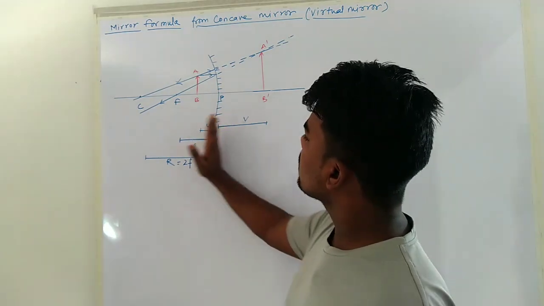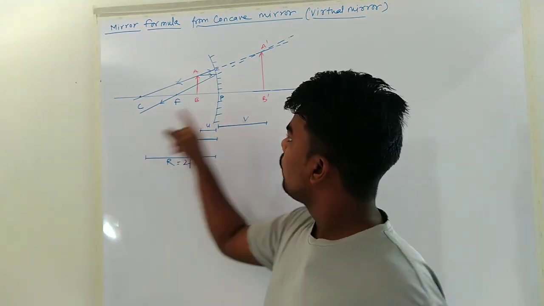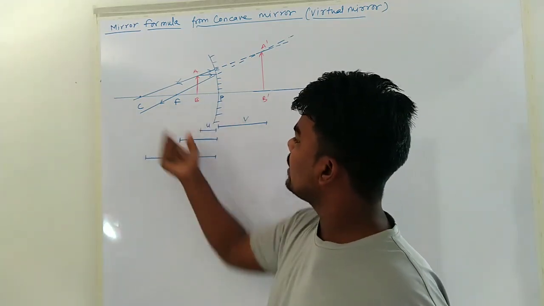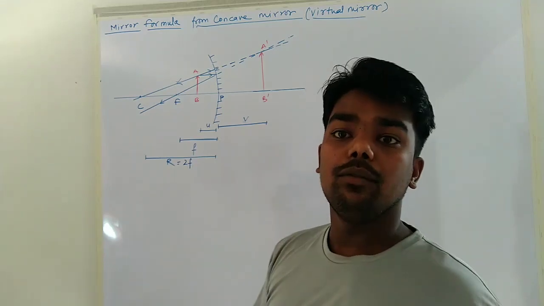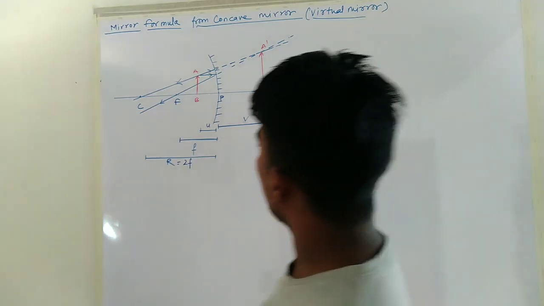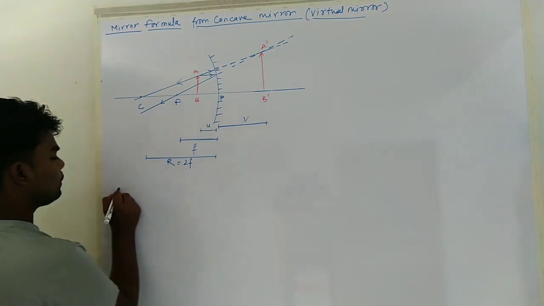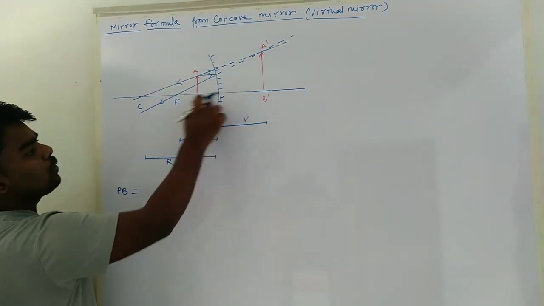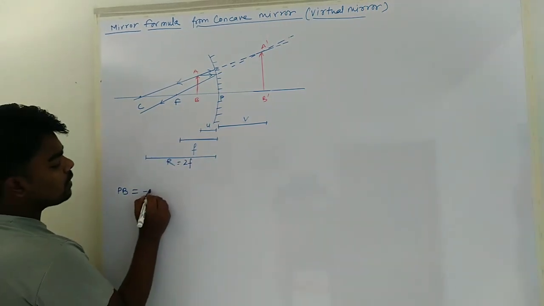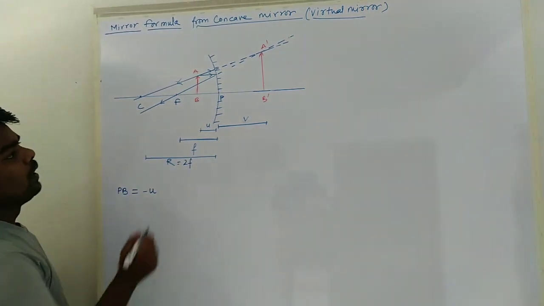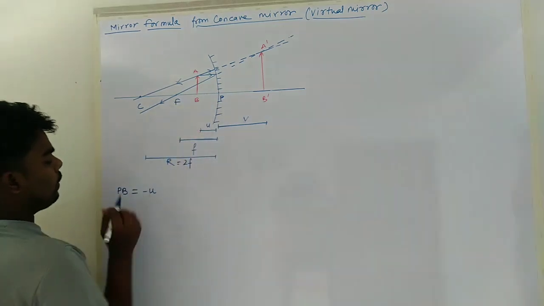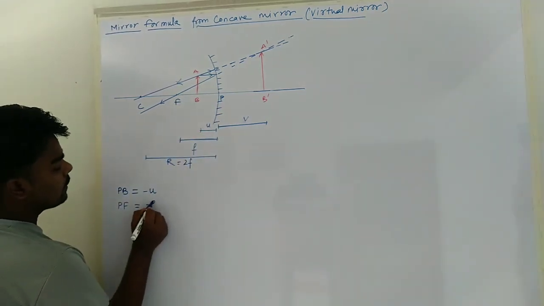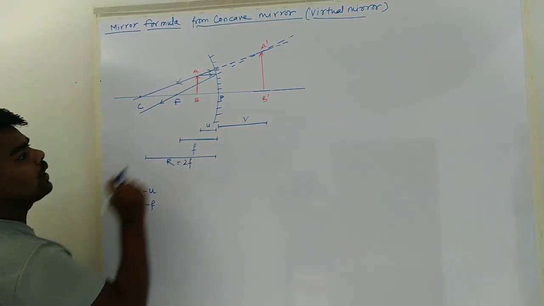All these distances are measured from the pole to the left, so all these values of the distance will be placed with a negative sign. So PB, from the pole to the negative side, will be written as minus U. PF will be written as minus F, because it is towards the negative.